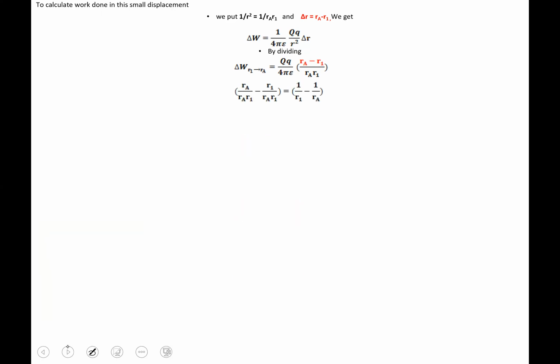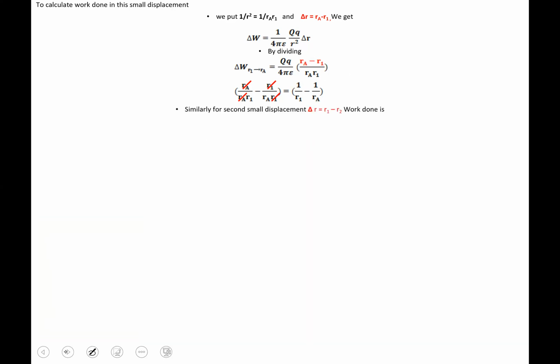We get Ra divided by Ra R1 minus R1 divided by Ra R1, which is 1 over R1 minus 1 over Ra. How do we get this? Ra cancels out with Ra, and R1 cancels out with R1. So we are left with 1 over R1 minus 1 over Ra, replacing this whole thing with this term.